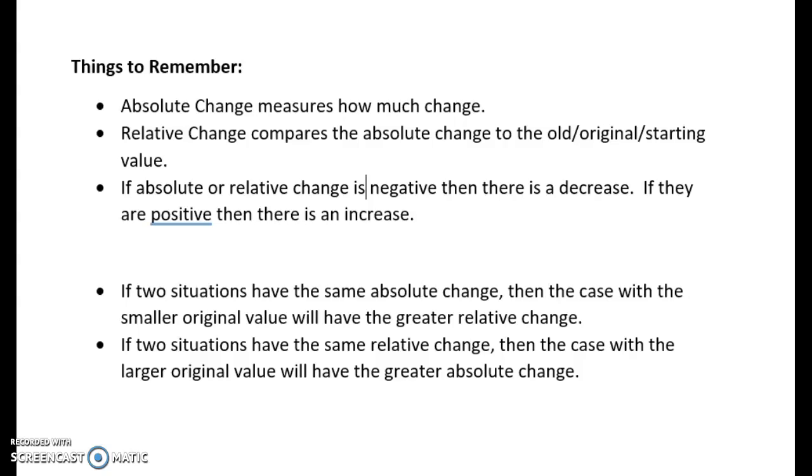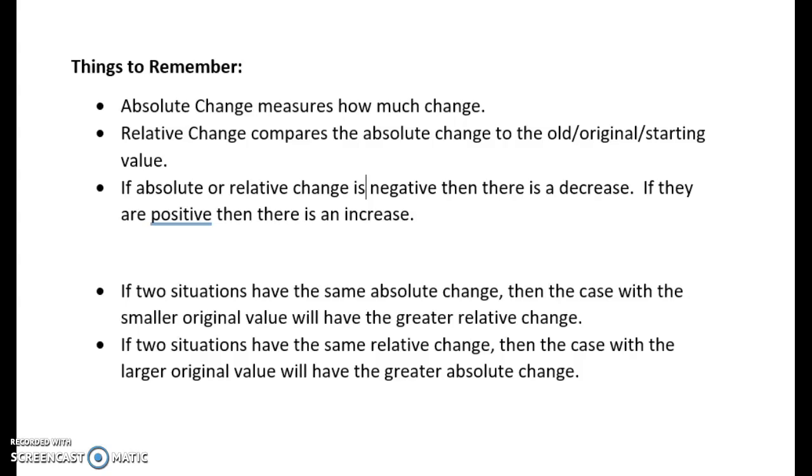So for example, in the unit, we compared population of states and how the populations changed over time. So if 2 states grew by 1 million people, the relative change of those 2 states might be different. So if we had a very small state like Rhode Island and a very large state like Texas, the population of Rhode Island is very small.